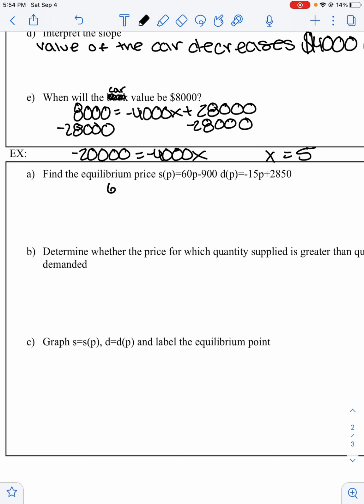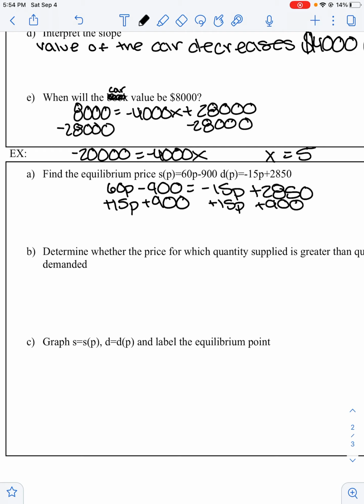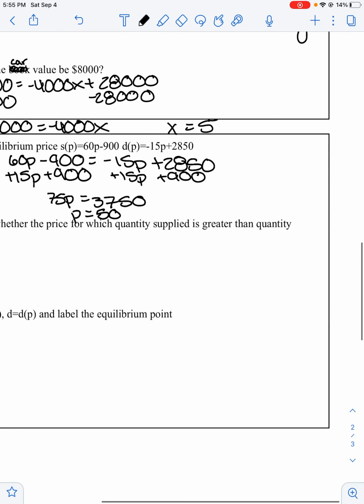So we're going to set the equations equal to each other and then solve for P. So I'm going to add 15P to both sides, and I'm going to add 900 to both sides. Then I would have 75P equals 3,750. Divide both sides by 75, P equals 50.